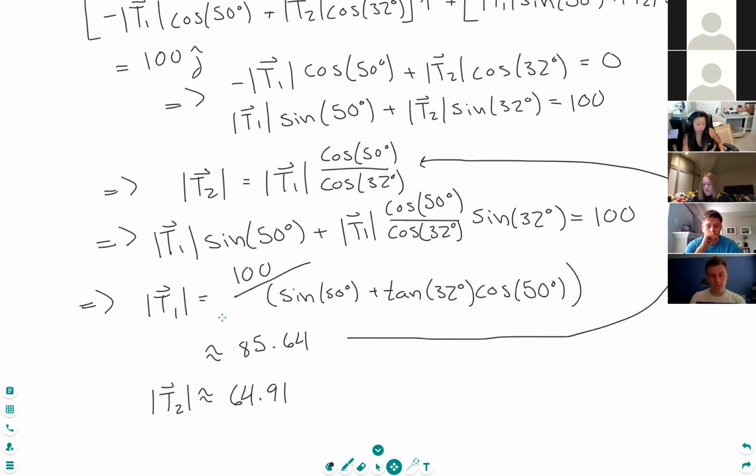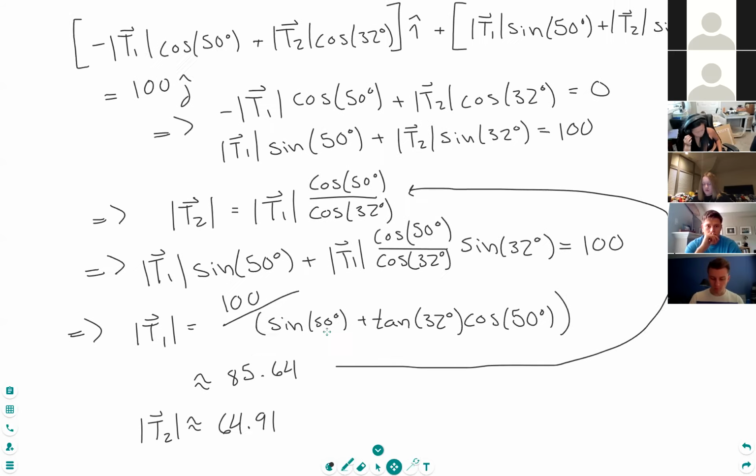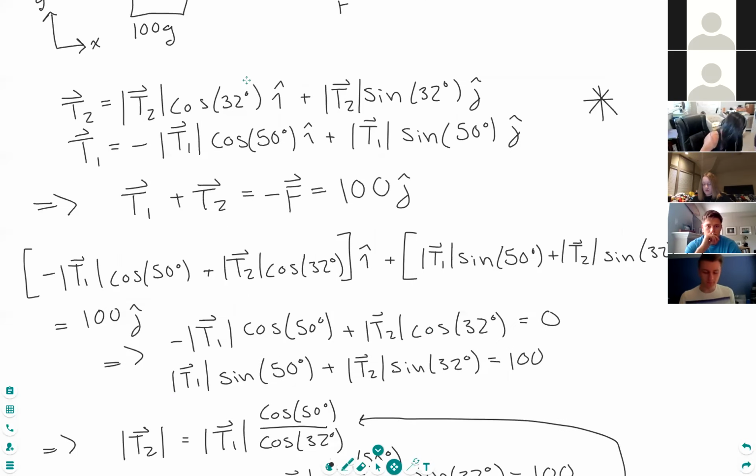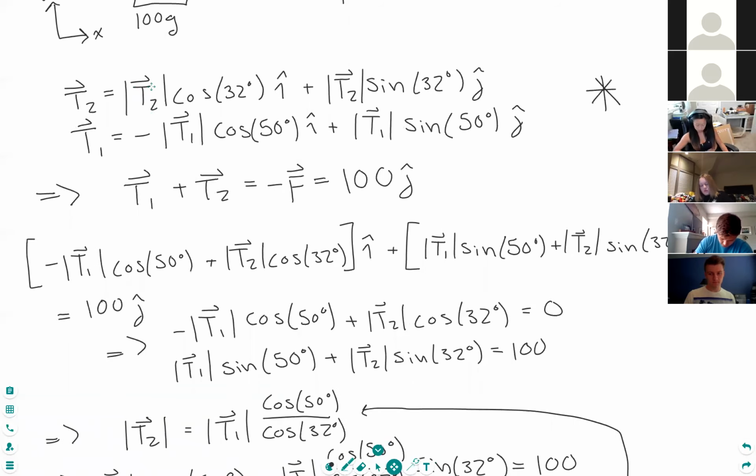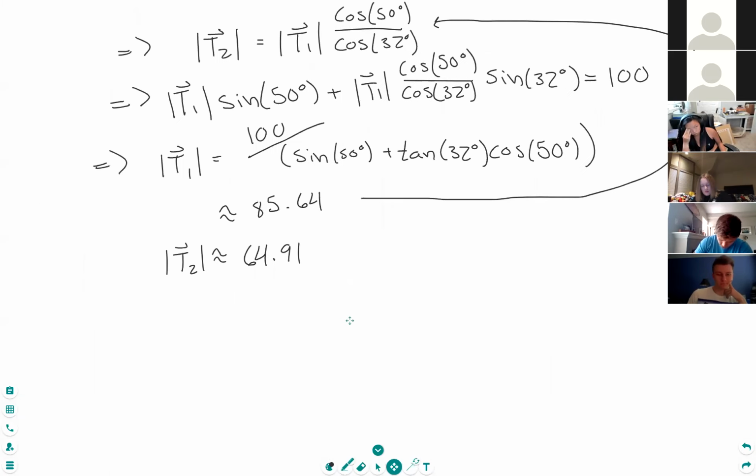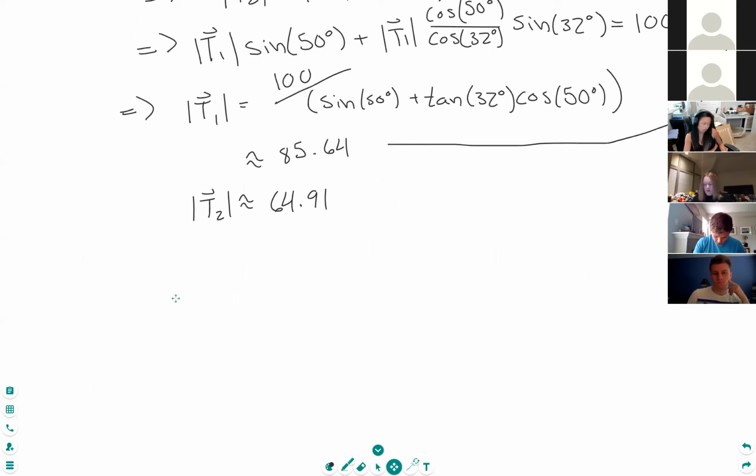Okay, so now that we have these relationships for T1 and T2 in magnitude, let's go back to our star expression. Here we are, right? T2, I can write out in i and j form as long as I just plug in the relationship for the magnitude of T2, and the same thing for the tension T1.